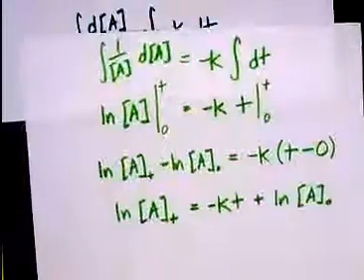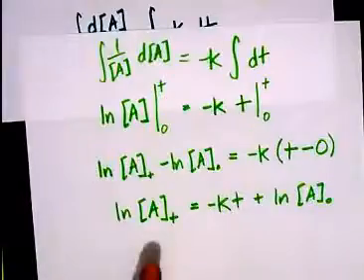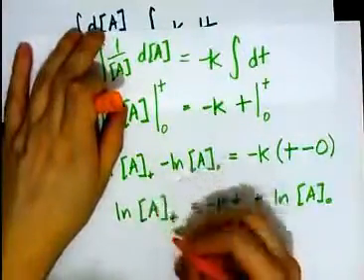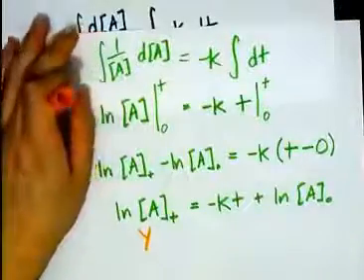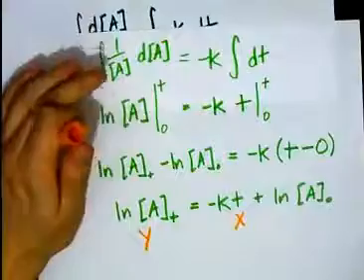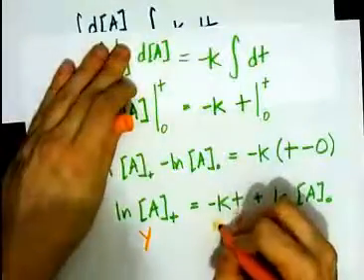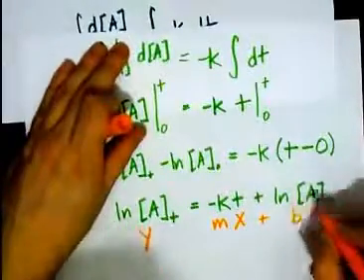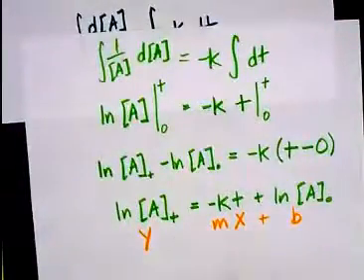What this means is that if I graph ln of A on my y-axis and t on my x-axis, I'm going to end up with a straight line with a slope of negative k and a y-intercept of ln A naught.